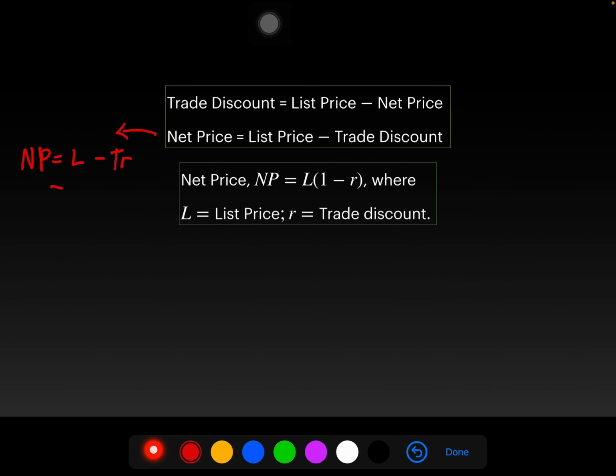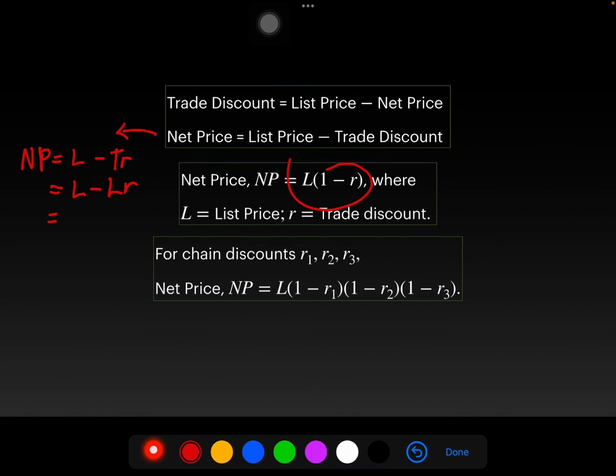Because trade discount is list price multiplied by the rate, in the end we get this formula.